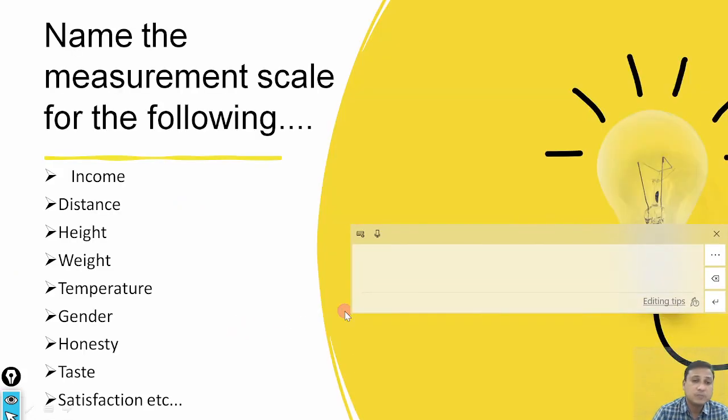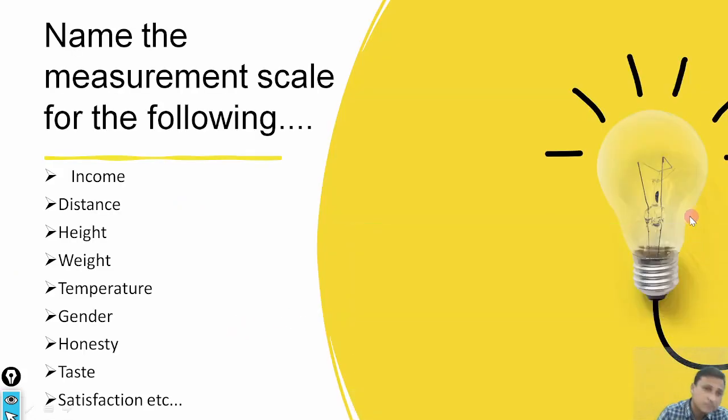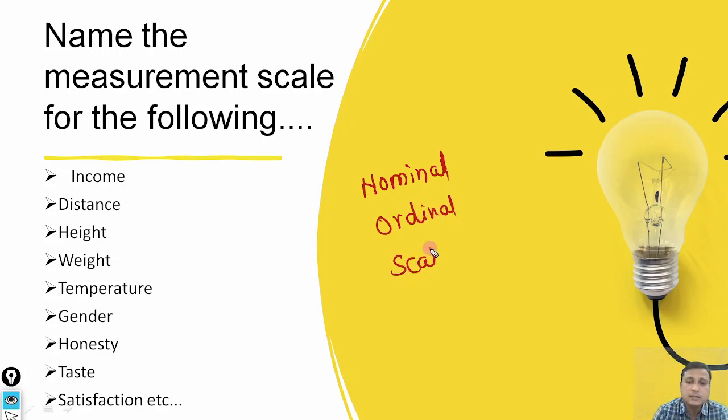And here is the last slide of this lecture. Name the measurement scale for the following. As mentioned earlier, there are actually four scales, but we consider only three because the software deals with only three: nominal, ordinal, and simply scale, which means interval plus ratio combined.